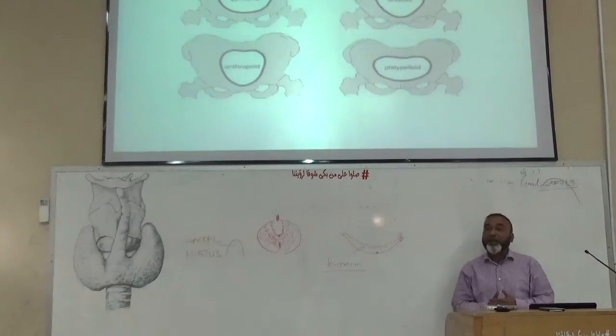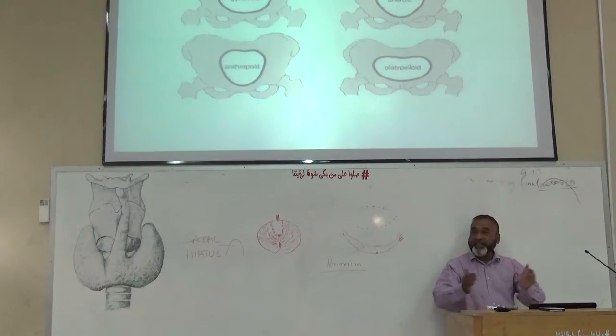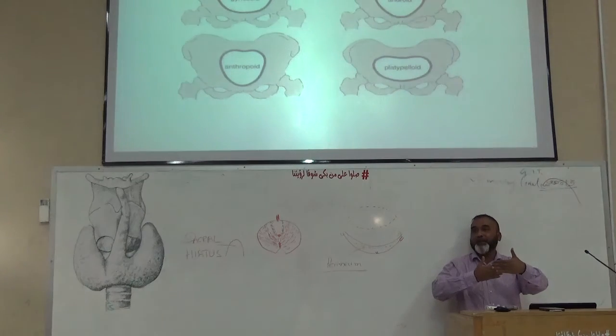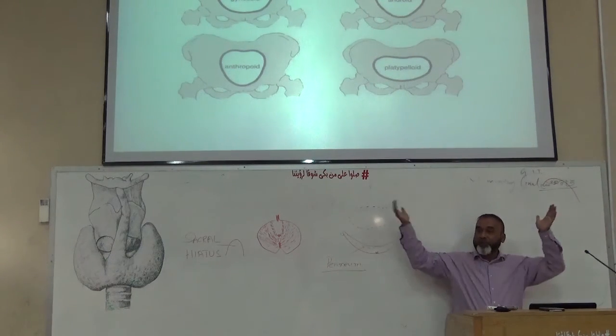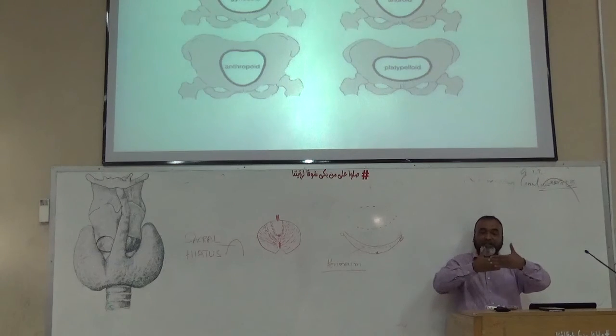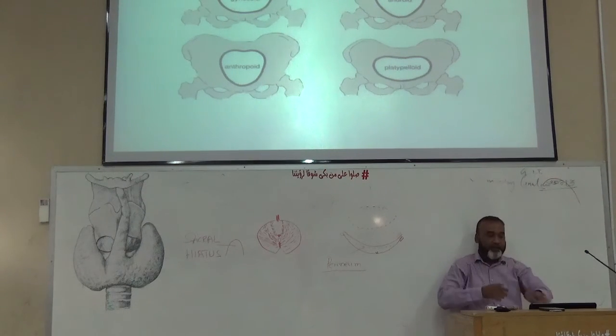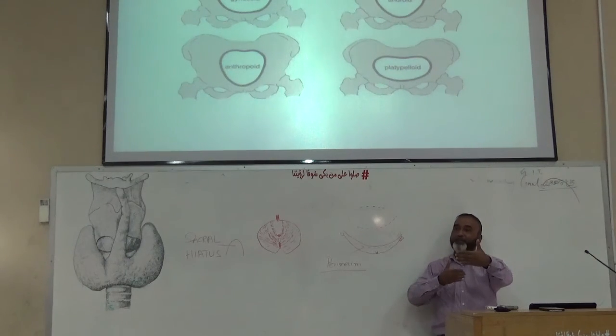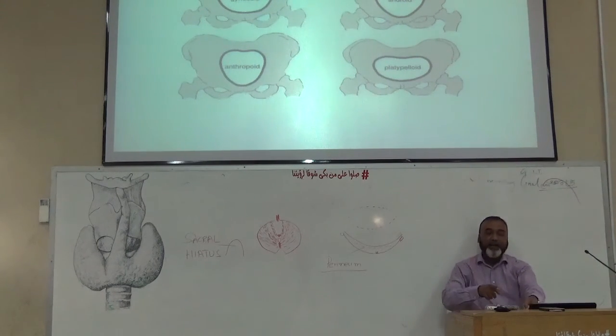In the platypelloid, you can see it has more transverse diameter but less anterior-posterior diameter. It has more transverse and less anterior-posterior, which is not good. If you see the gynecoid, it has transverse as well as anterior-posterior diameter. In the android, this is basically the male type.